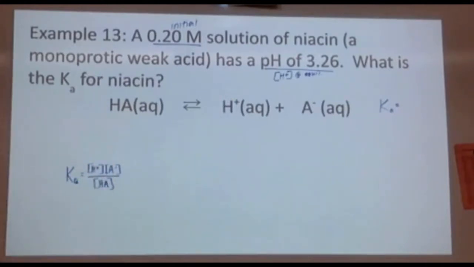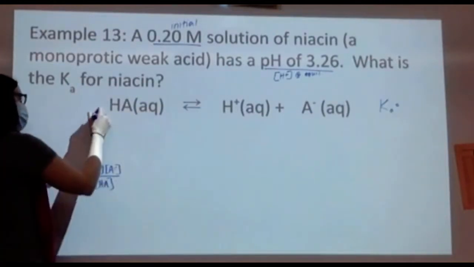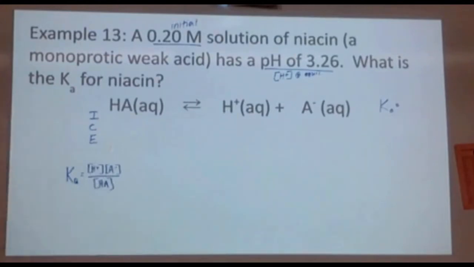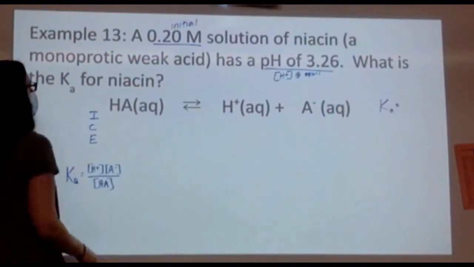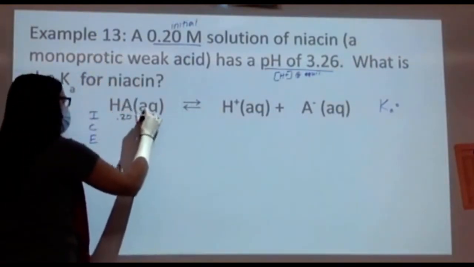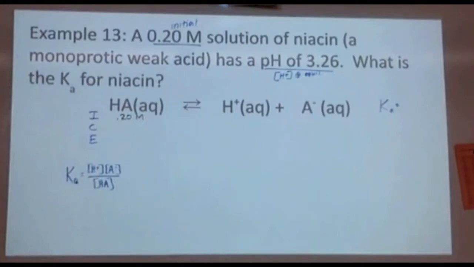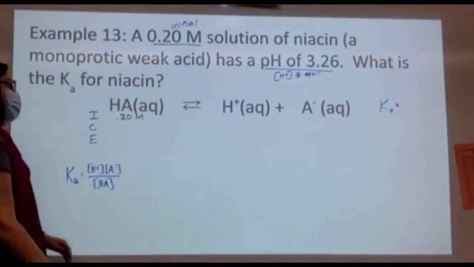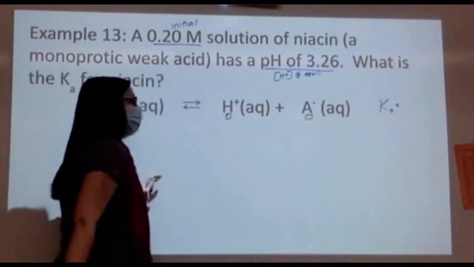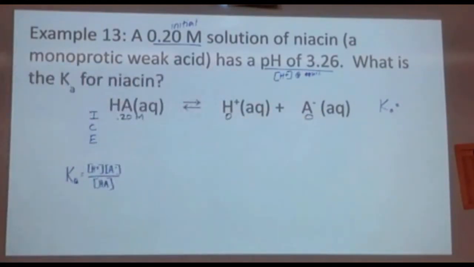We need to know what all of these concentrations are at equilibrium. To do that, we can use an ice table. Initially I have a 0.2 molar solution of acid. Remember, the only thing that can go in an ice table is molarity or pressure. I have nothing else. It doesn't say anything about having ions.